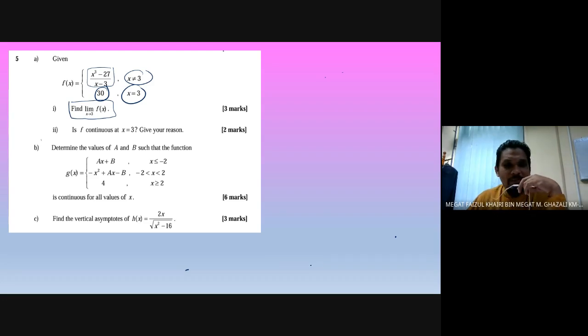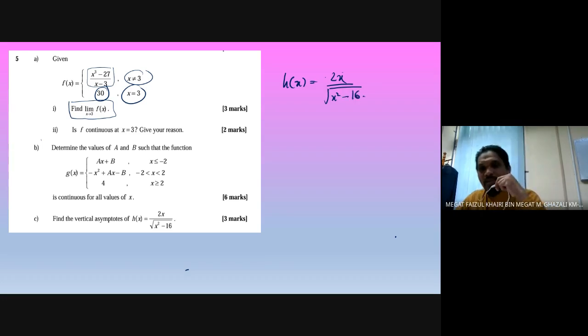Find the vertical asymptote of h(x). Okay, class, h(x) equal to 2x divided by the square root of x squared minus 16. Okay, first of all, we know that the denominator cannot be equal to 0. So take the first condition here, the denominator cannot be equal to 0.